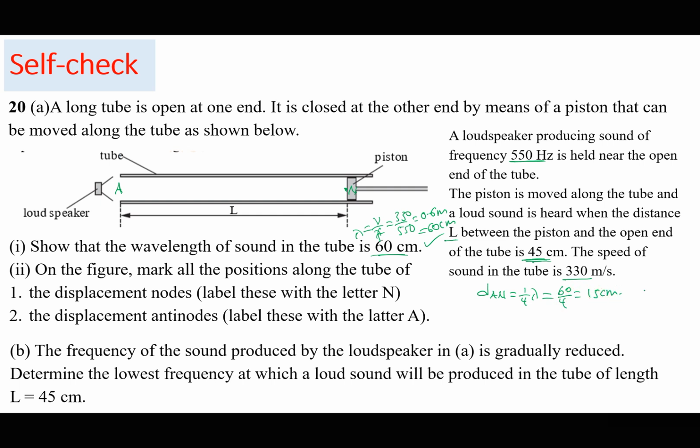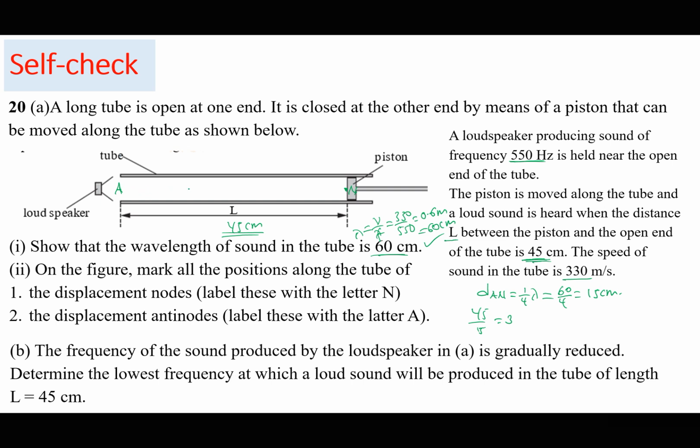So for every 15 centimeters from an antinode, we must have a node. And remember, the length was 45 centimeters. So 45 is going to be divided into how many quarters? 45 divided by 15 is equal to 3. So after every 15, we must have a node from the antinode.